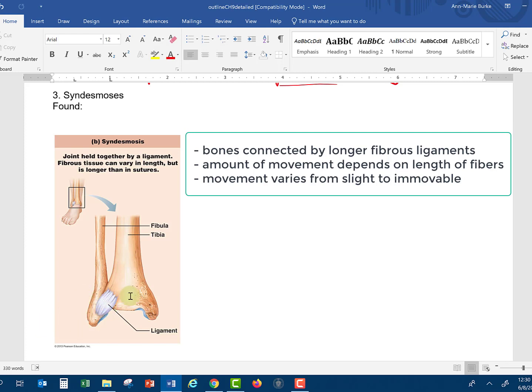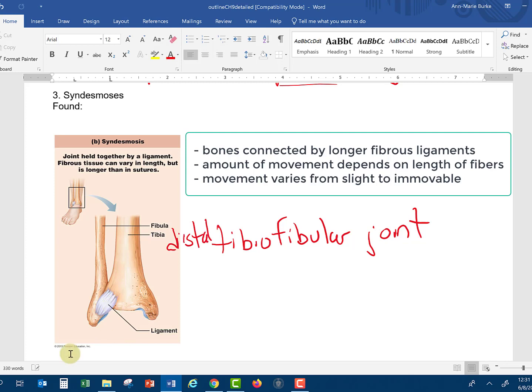Now this joint here is called the tibiofibular joint. And there's a clue in the name: tibio, tibia; fibular, fibula. There are two places where the tibia and fibula come together. This one is called the distal tibiofibular joint because it's far from where the bones connect to the body.